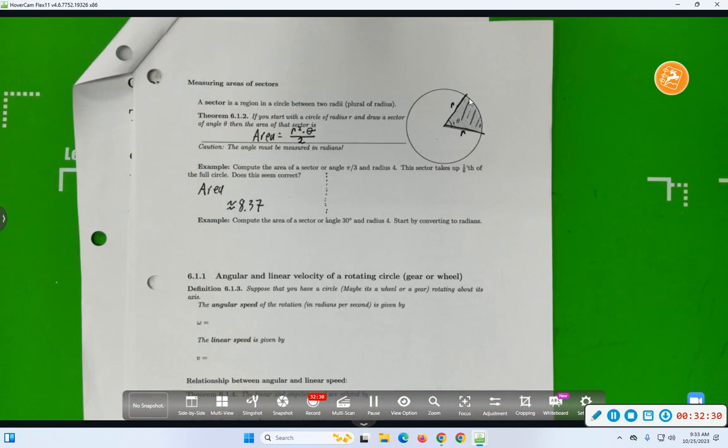You said 8.37-ish. Are there any units specified in this problem that I should put in? Okay, so there's no need to put like square inches or anything, because that would just be wrong. There is no unit specified. What was the exact value you had?